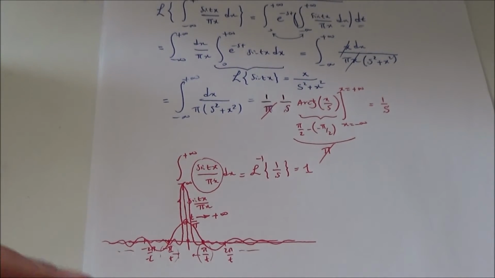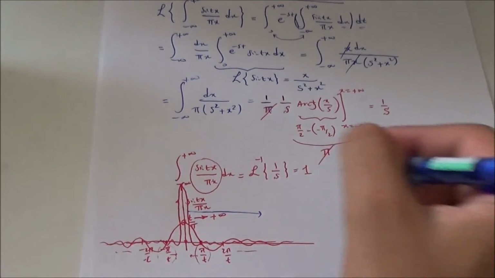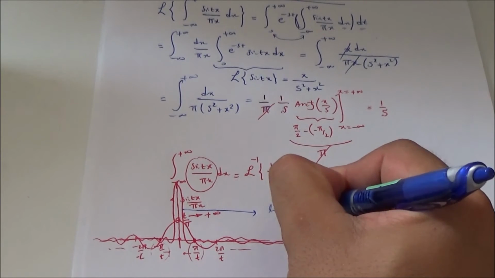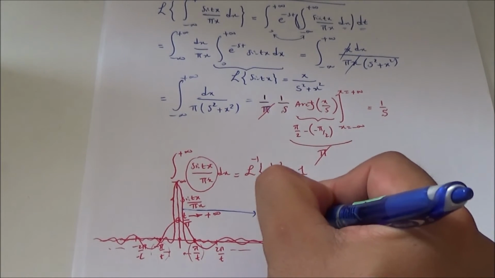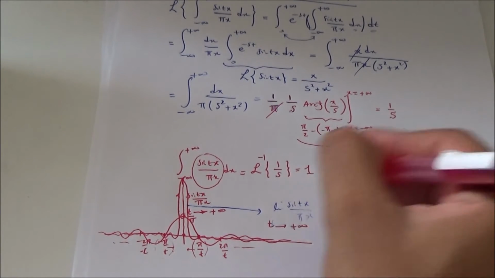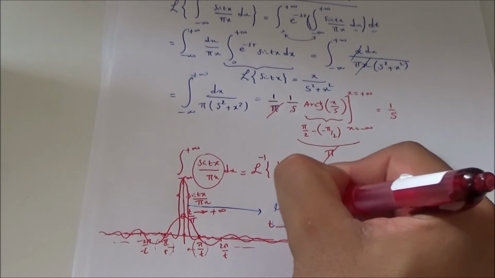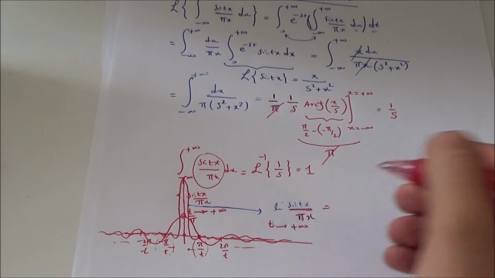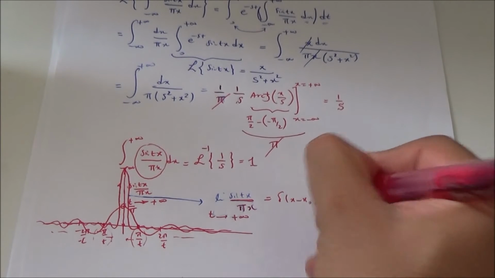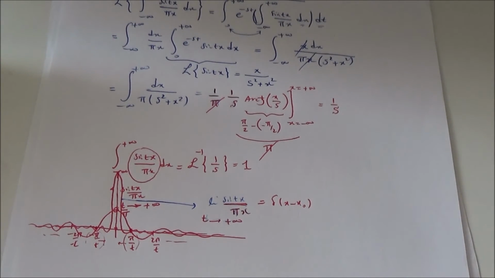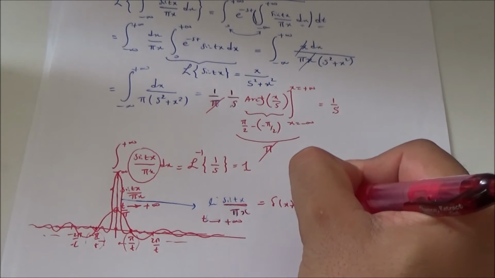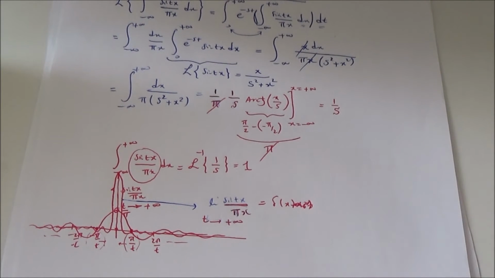And this is exactly the limit of sine of tx over pi x when t tends to plus infinity. Sorry for that. This limit is exactly the Dirac delta function at the origin, in fact, delta of x minus 0.